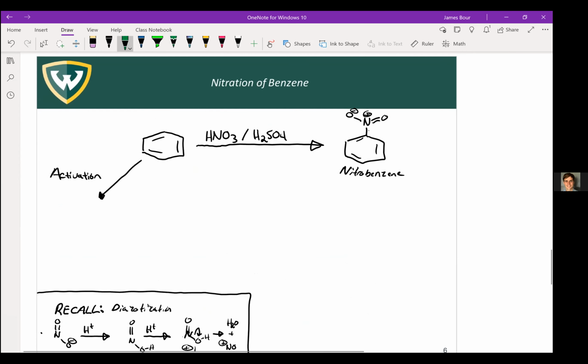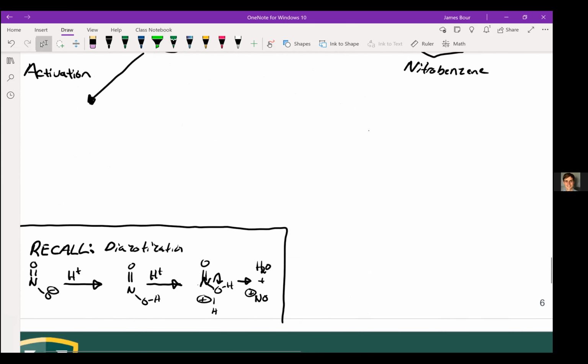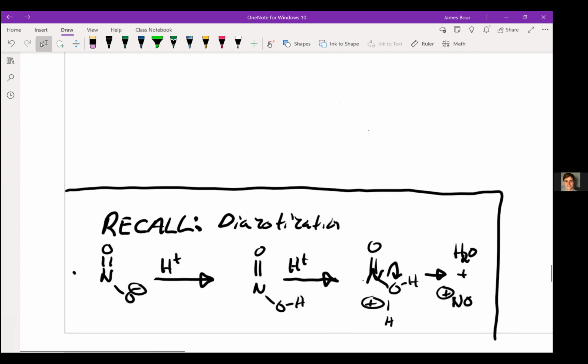So let's move on to another example that's mechanistically closely related, and that is the nitration of benzene. This is an industrially important reaction to generate nitroarenes. And again, it occurs through the same mechanism. However, the activation should look familiar for another reason. Remember in diazotization, we took nitrite, this molecule here, nitrite, and we activated it using protons, 2 consecutive protons to generate an NO+.